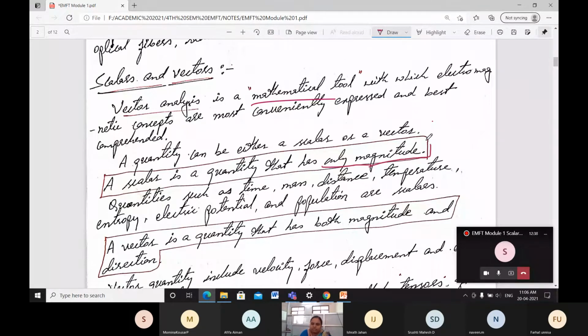If it has only magnitude, then it is a scalar. Examples are quantities like time, mass, weight, distance, temperature, entropy, electric potential and population. These are scalars, meaning they are like a number.